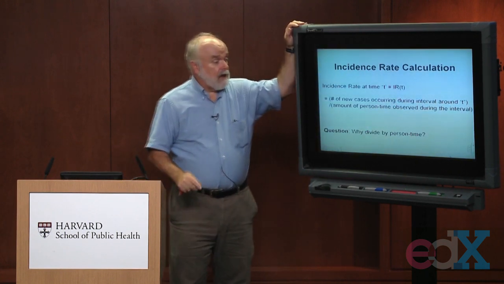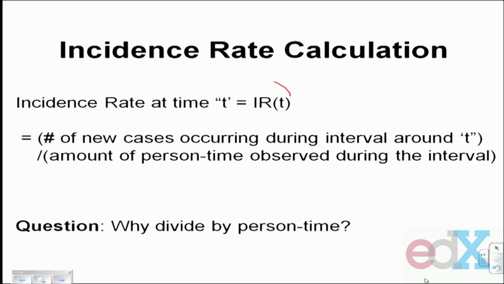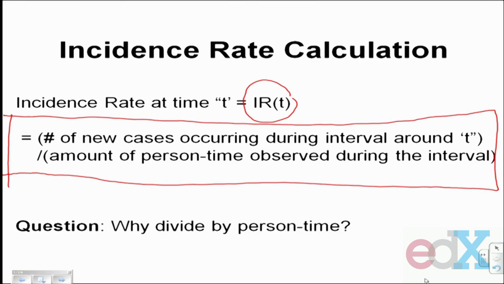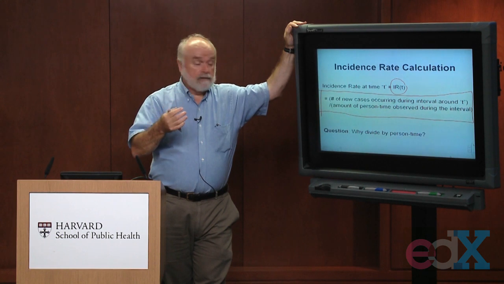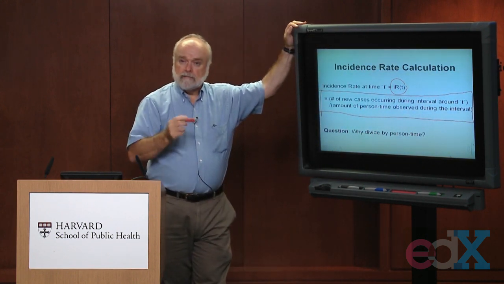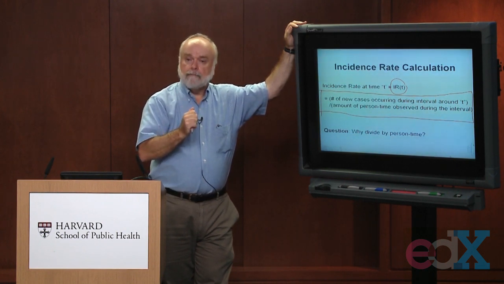So in calculations, what we're going to do is we're going to calculate the incidence rate at time t by using this formula. Look at an interval of time around time t, say around 3 months into the study, find out how many people developed disease during that interval, and divide by how much person time I observed during that interval. So notice I'm dividing by person time. I'm not dividing by people.